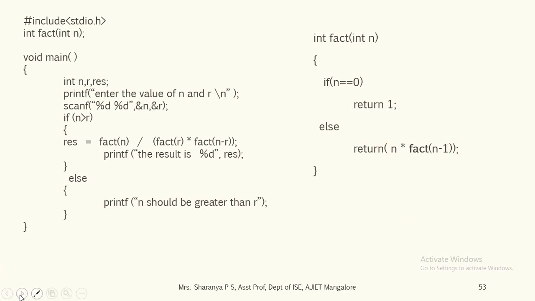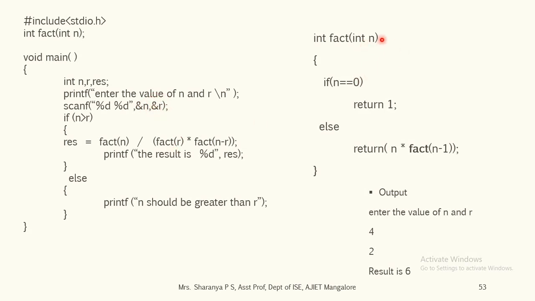After this, the process keeps going. First when we write factorial of n, the same function is called with value n, and divided by, here we are calling fact of r. Here r is nothing but the same value entered by the user.